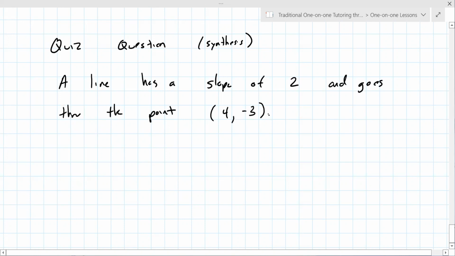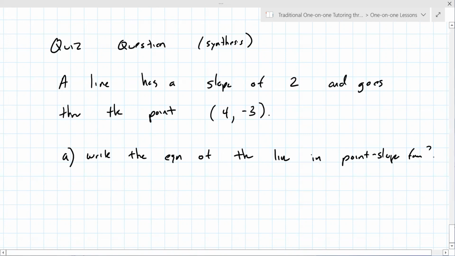Part A would say, write the equation of the line in point slope form. So this is your quiz question. What is point slope form?